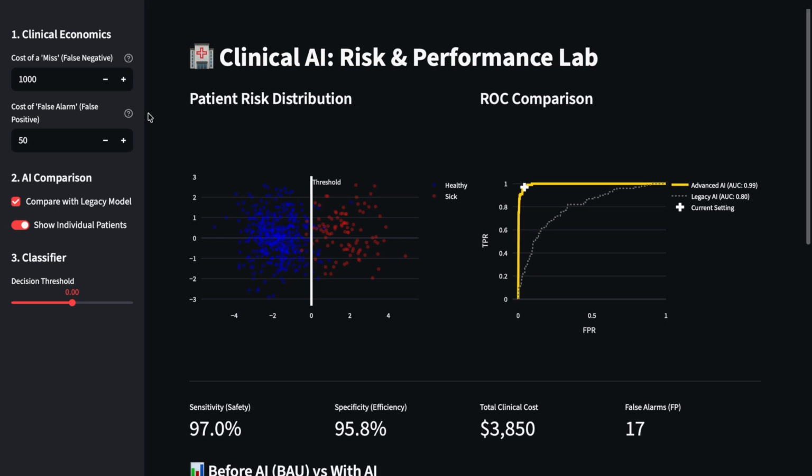Assume we have a price for a missed case, a false negative, of $1,000, because it means we start treatment for this patient much later. It can mean hospitalization, or a much longer stay.